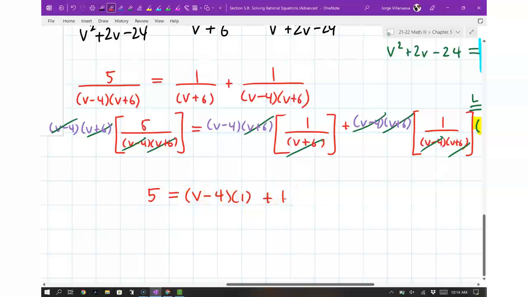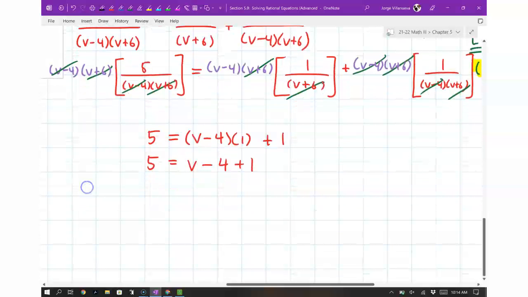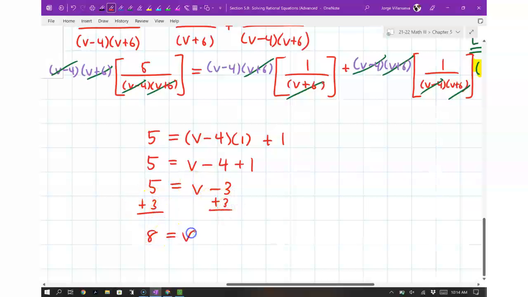So that big old mess just becomes that. So 5 equals v minus 4 plus 1, or 5 equals v minus 3. And if I add 3 to both sides, I get my answer. 8 is equal to v. And that's 3 of the 6 problems for you guys.